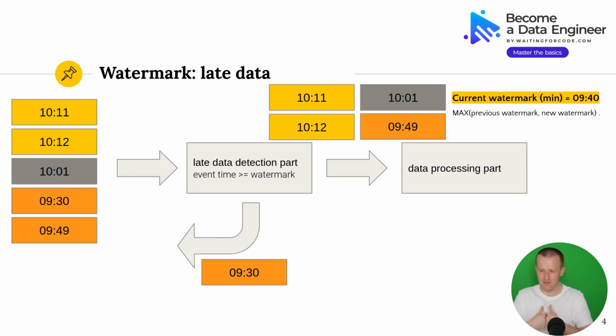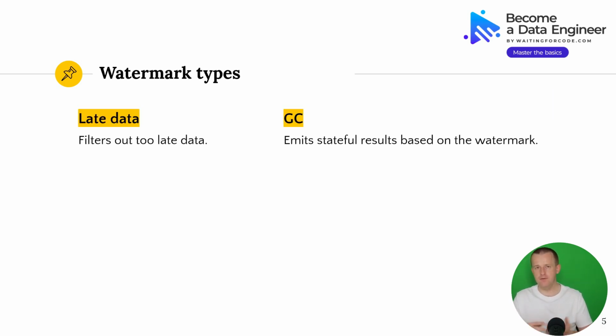Because we have it in front, but we can also have another watermark behind, more exactly in this part. I would like to introduce two types of watermarks you can find in stateful processing jobs, namely the late data watermark that will filter out all late data in the input, and the garbage collector that will be responsible for emitting the stateful results from the state store to your downstream consumers whenever the watermark expires these records.